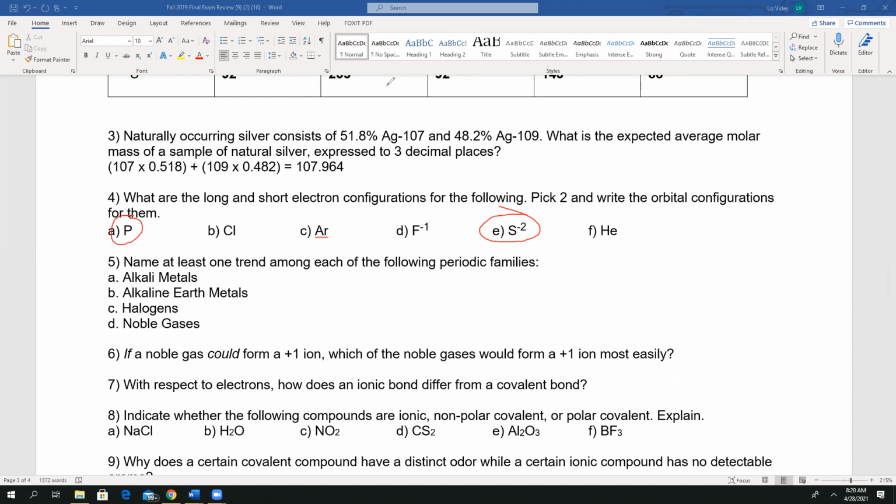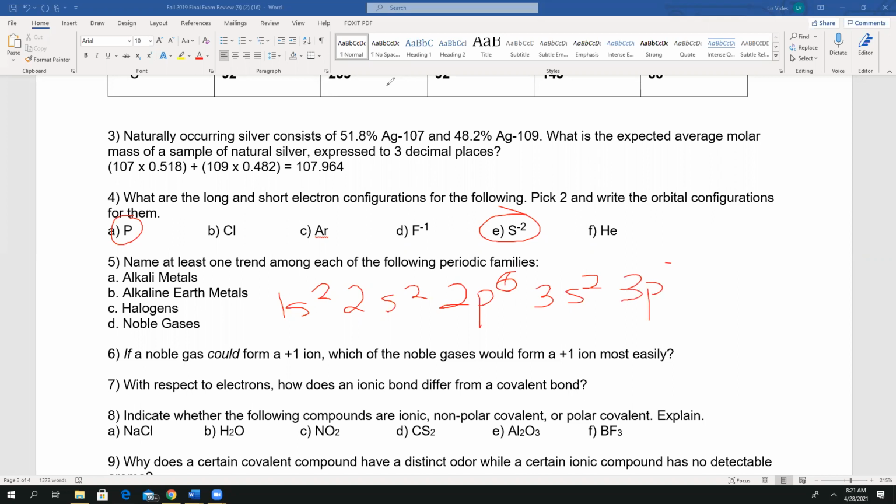The long form is 1s2, 2s2, 2p6. That's a 6 in that one I do. Okay, but you can see it better now. 3s2. That's the long, right?